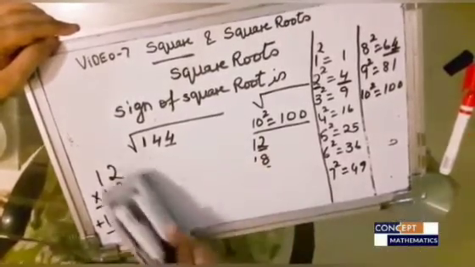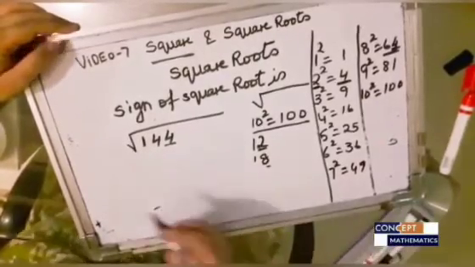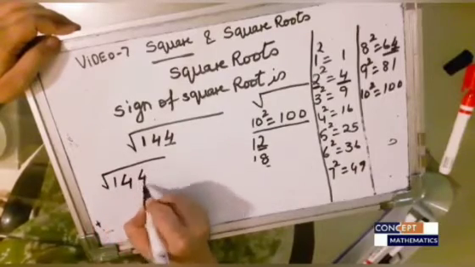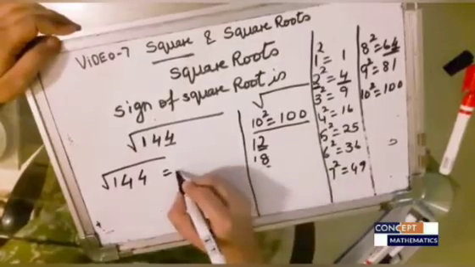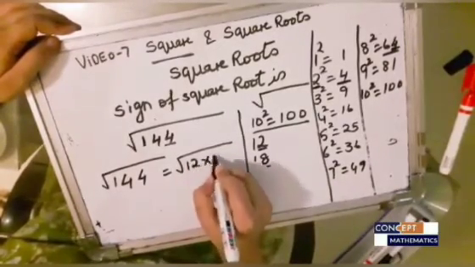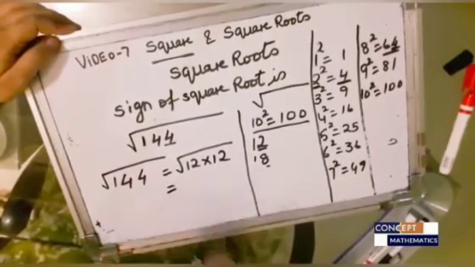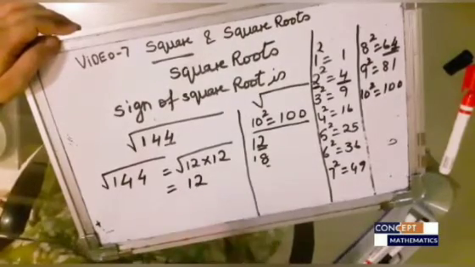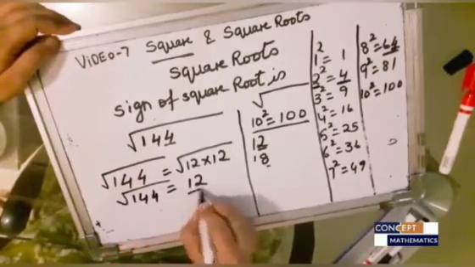So how do you write it? Now we write it in this way: root 144. What gives you 144? 12 into 12 will give you 144. But when you write the answer, you write that 12 is the square root of 144.